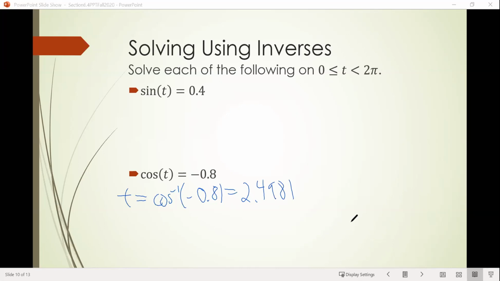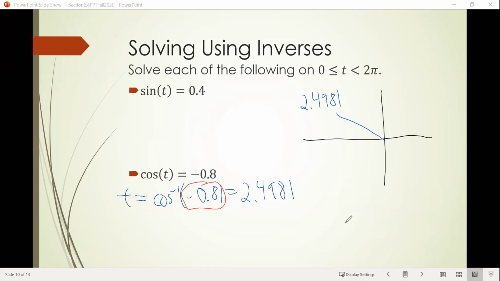which let's also think about where that is on the unit circle. So we know that inverse cosine gives us answers in the first and the second quadrants. And since the cosine here is negative, the value of the cosine tells us that this 2.4981 is actually in the second quadrant.